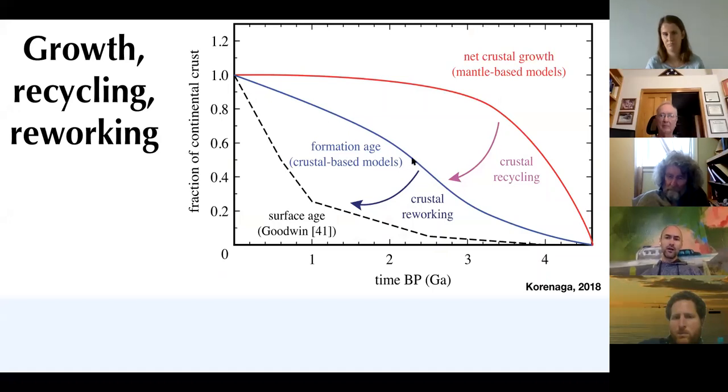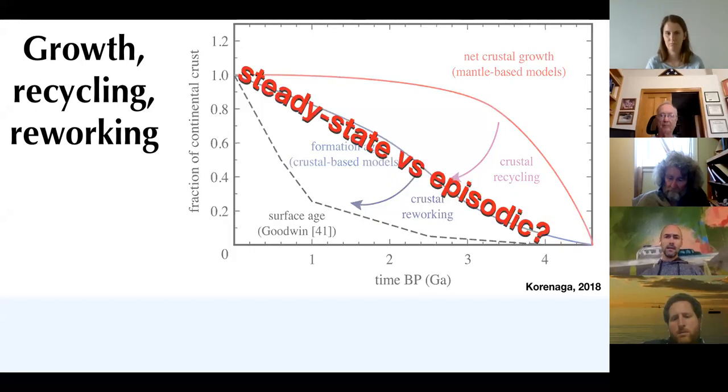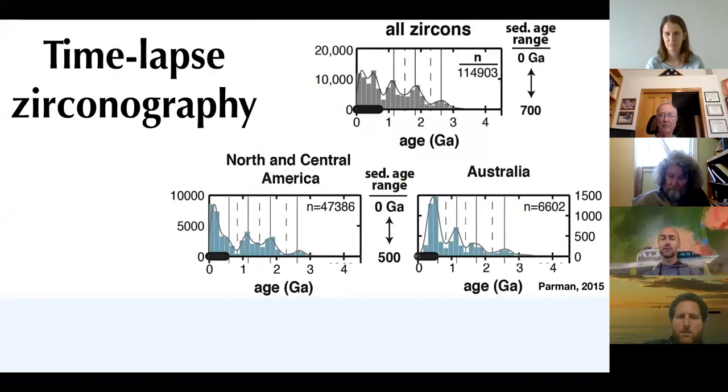And then from the formation age, the crustal-based models, to the surface ages, we have our crustal reworking. And so this balance between crust that is formed and then recycled back into the mantle, and then crust that is formed and then subsequently reworked by subsequent tectonic activity. And so again, the question is, was this formation curve, this crustal formation curve, steady state or episodic?